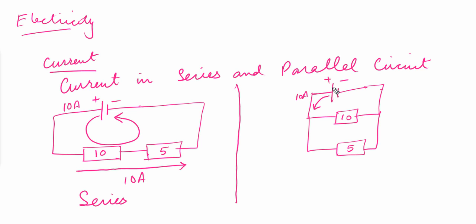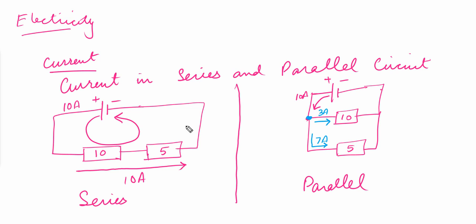When the current comes at this point right over here, some of the current will go through the 10 ohm resistor and the remaining current will go through the 5 ohm resistor. So if 3 ampere of current goes through the 10 ohm resistor, then 7 ampere of current will pass through the 5 ohm resistor. So we can say that the current splits in parallel circuits and the current remains the same in series circuits.